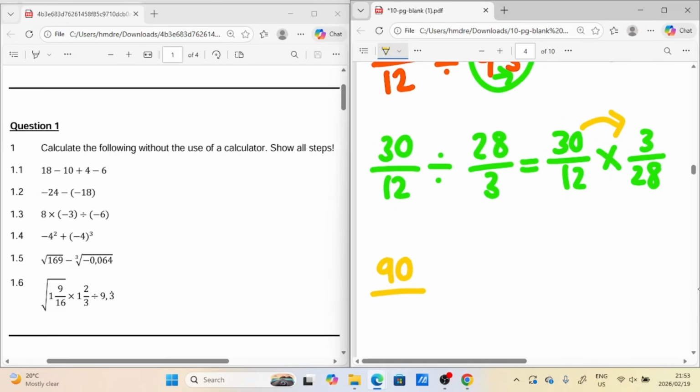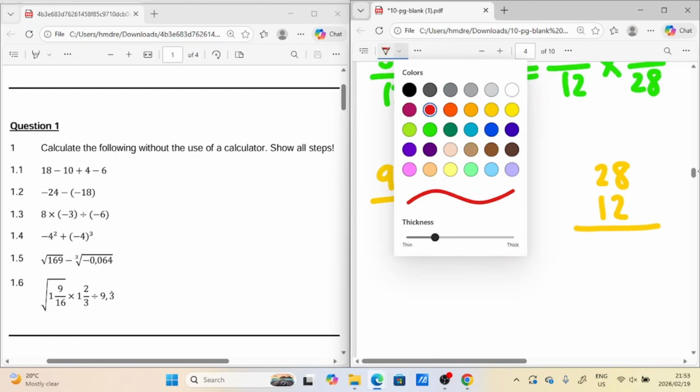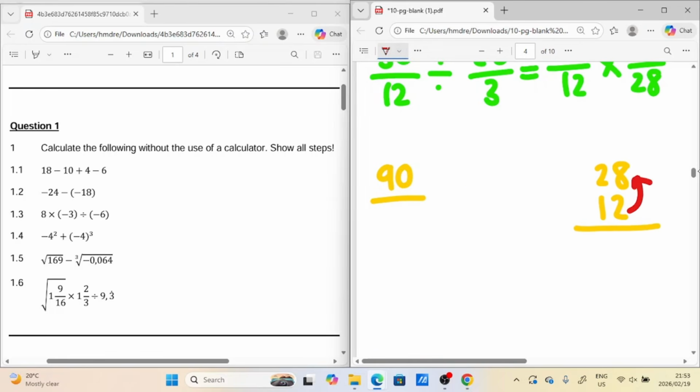And 12 times 28. Now that's a bit of a tricky one to do without a calculator. So let's just work it out. So 28 and 12. Okay, so 2 times 8 is 16. 2 times 2 is 4. 1 times 8 is 8. 1 times 2 is 2.